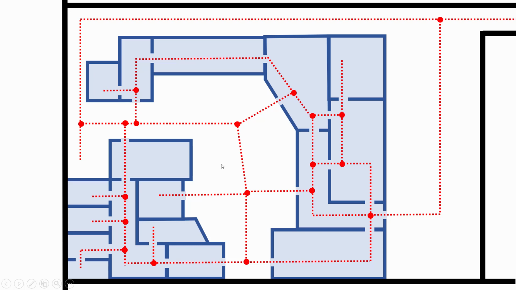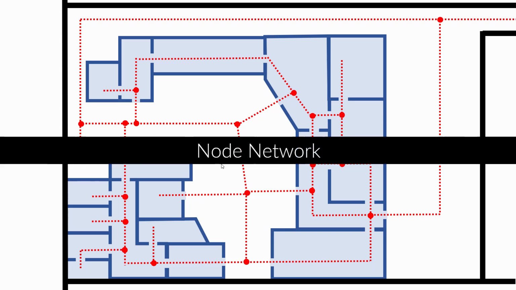I'm borrowing an idea that comes from architecture. In wayfinding design, this is called a node network. These are nodes, decision points within a layout. A lot of times in architecture design, they use node networks to map out where the high traffic areas are, where do I need to put my messaging, like my signs that tell me how to get from one department to another in a complex building.